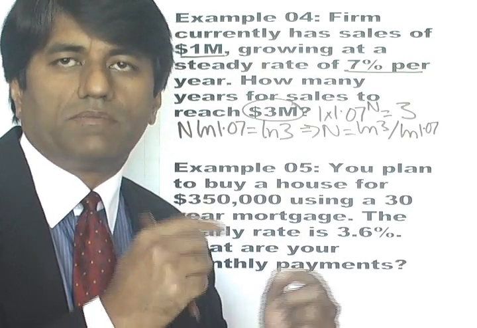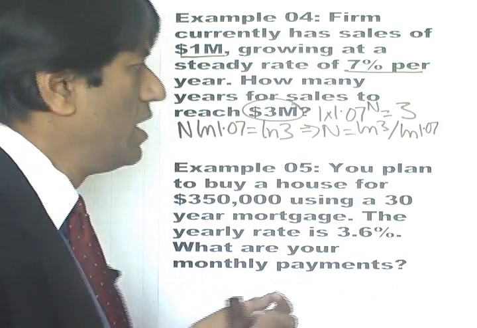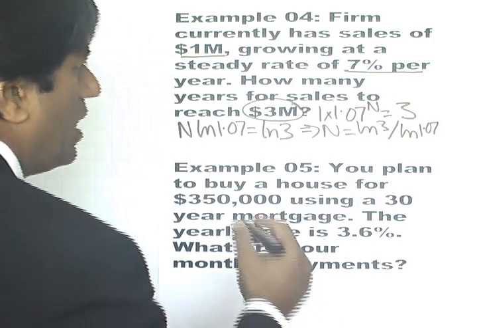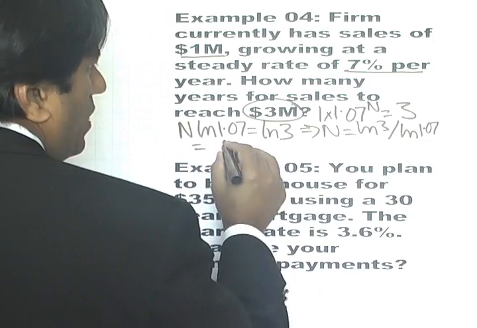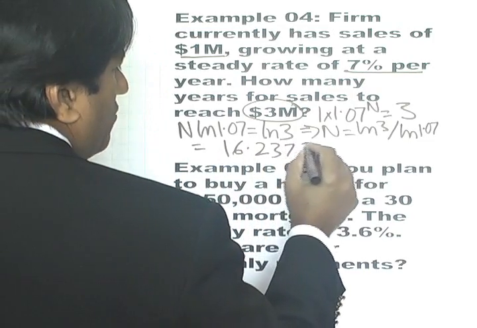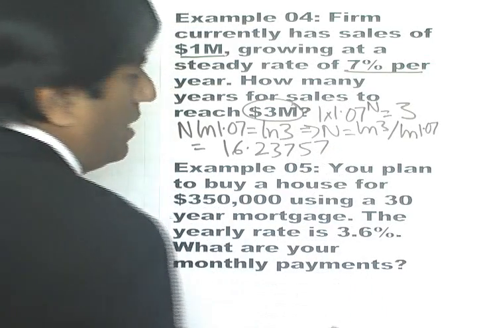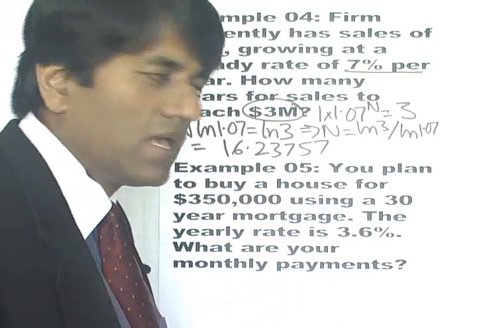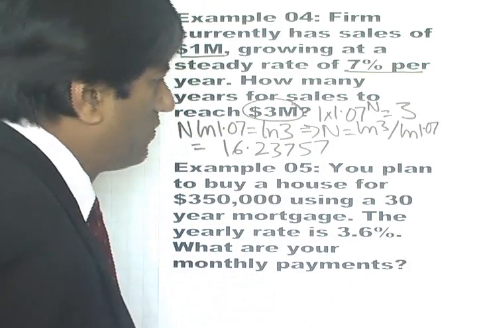It's there in generally all calculators, including your financial calculator, and this is going to turn out to equal 16.23757, so it'll take a bit more than 16 years for it to reach sales of 3 million.